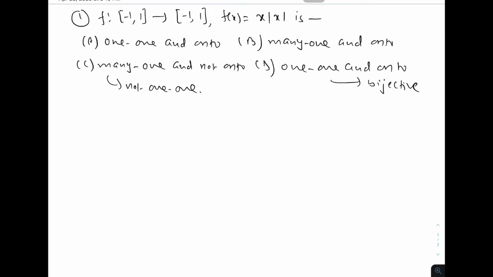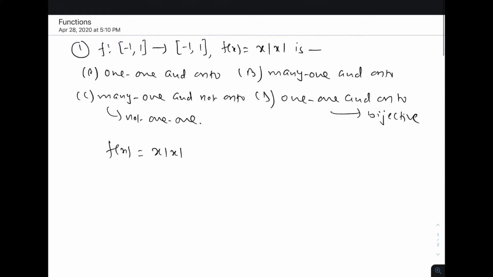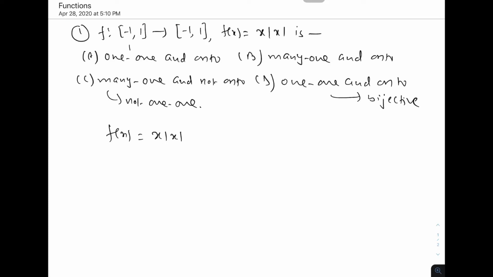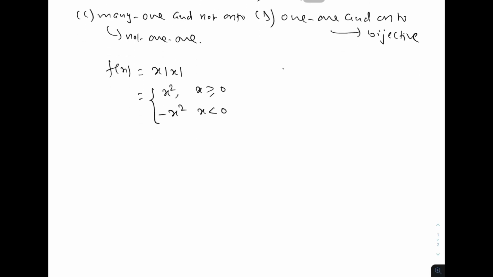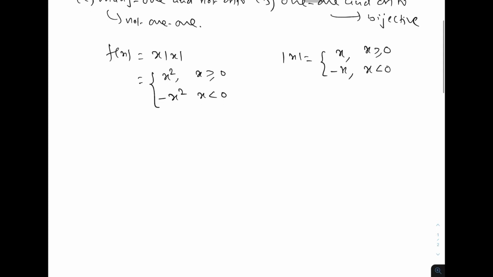Okay, the function is f(x) is equal to x modulus x. Even you may also be given R to R. So this is nothing but x square if x is greater than or equal to 0, minus x square if x is less than 0, because we know that modulus x is equal to x when x is greater than or equal to 0, minus x when x is less than 0.